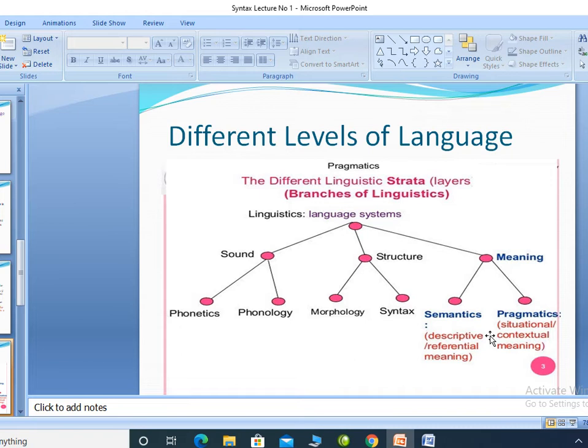Let me give you an example. If a person is shouting, "Fire, fire, fire," and the army is deployed there and the artillery is installed there, it means that you should fire, right? You should use the gun. But if there is a congregation, people have got together somewhere, and there is a function, and somebody starts shouting "Fire, fire, fire," there the context is different.